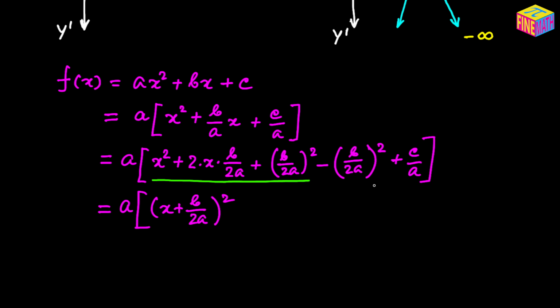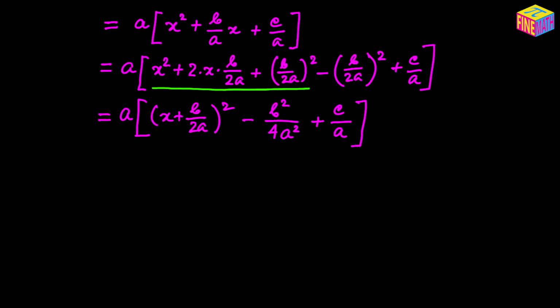So we are going to write it as x plus b by 2a whole squared, and then we have these other terms, which are like, we have negative b squared. Now I'm going to remove the parenthesis there, negative b squared by 4a squared, and also we have positive c by a, right?